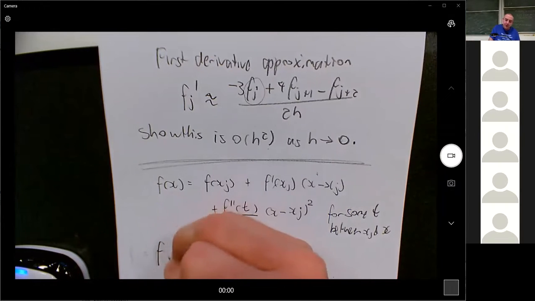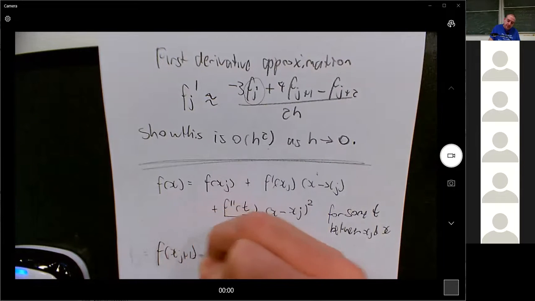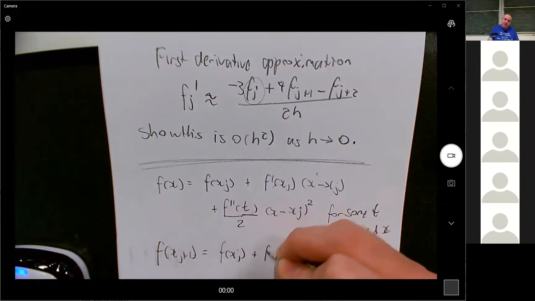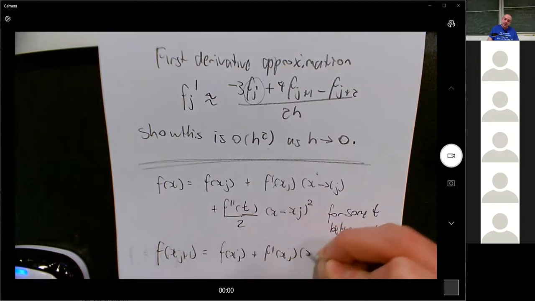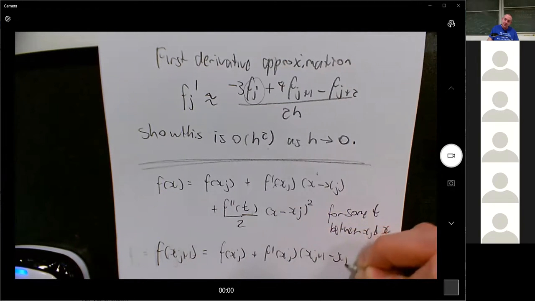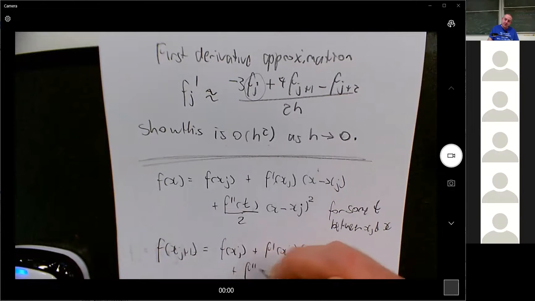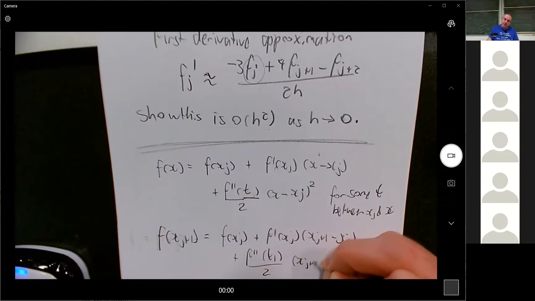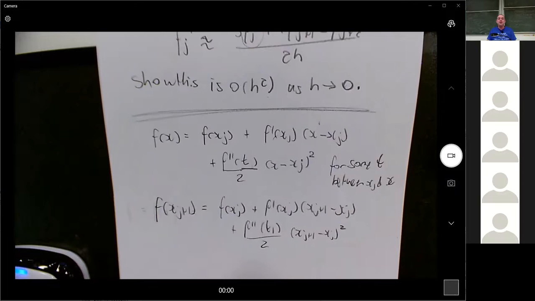So f of xj plus 1 will be f of xj plus f dashed of xj times xj plus 1 minus xj, plus f double dashed of t1 on 2 times xj plus 1 minus xj squared, for some t1 between xj plus 1 and xj.